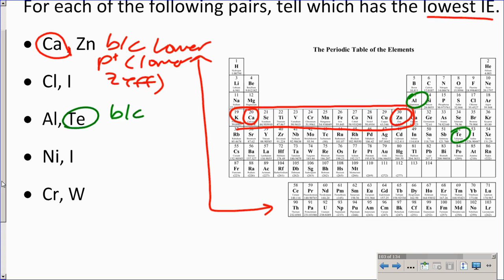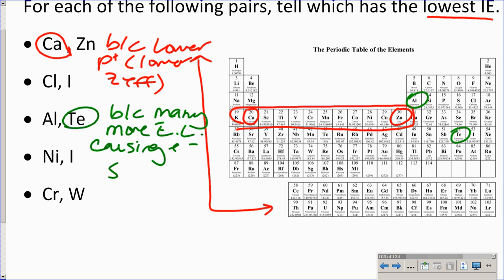It's not just one proton making a difference, it's a whole new shielding effect. So the bigger impact is moving across groups than across a period, because many more energy levels cause electron shielding.